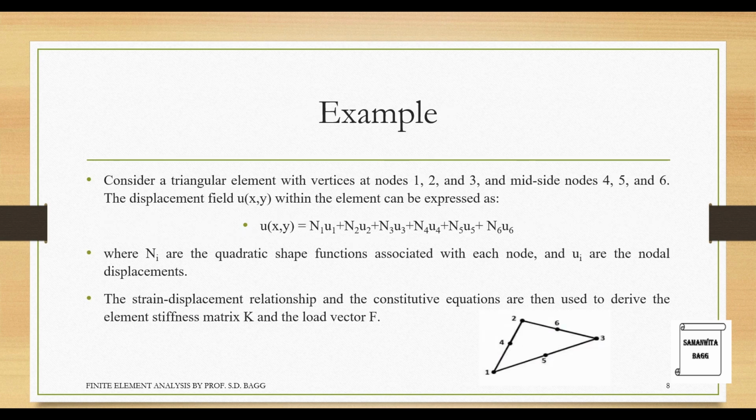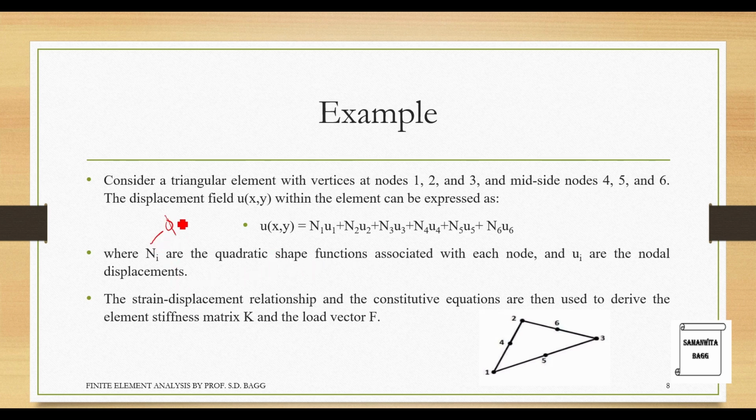Consider a triangular element with vertices at nodes 1, 2 and 3 and mid-side nodes 4, 5 and 6. The displacement field U in terms of xy within the element can be expressed as U is equal to N1 U1 plus N2 U2 plus N3 U3 plus N4 U4 up to N6 U6, where Ni are the quadratic shape functions. So I was using the symbol of phi.